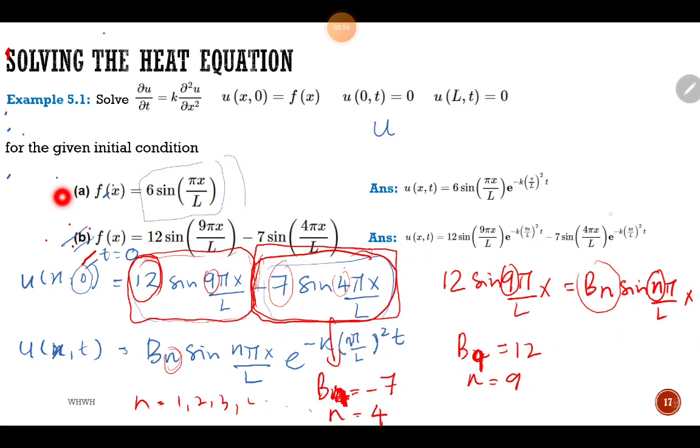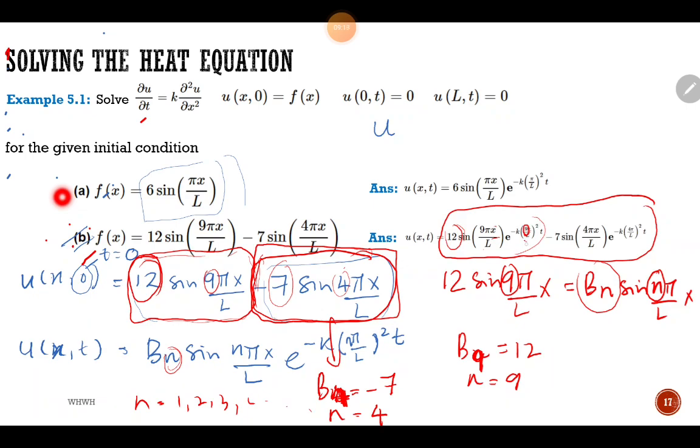So that means that is why the solution comes out like this. Okay, 12 because this is our b9, b9 sin n pi x over L. And we add this because this is u x t. So e to the power of minus k 9, okay, 9 here because n pi over L, n pi over L squared.